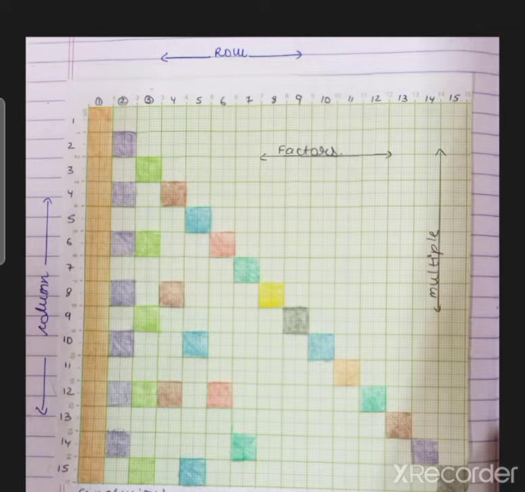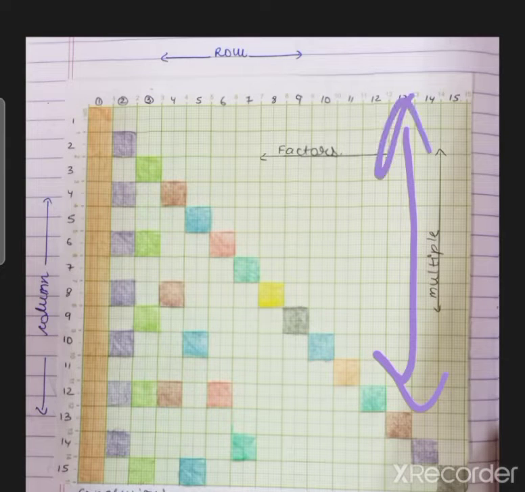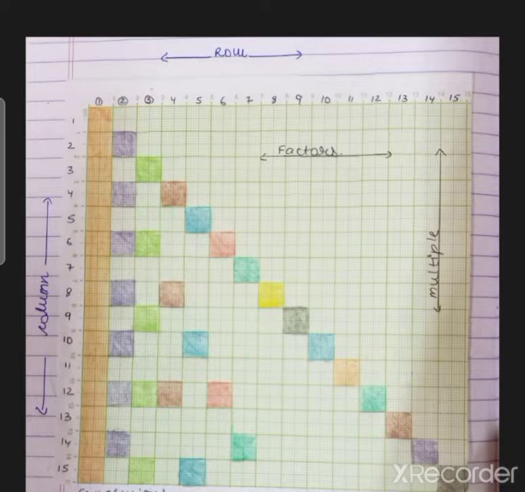See, if you carefully see, in the columns over here, we are doing the multiples. Multiples means tables, okay? 1 ones are, 1 twos are. These are the tables. In columns, tables are given. That means multiples are given. You can see this. Clear?